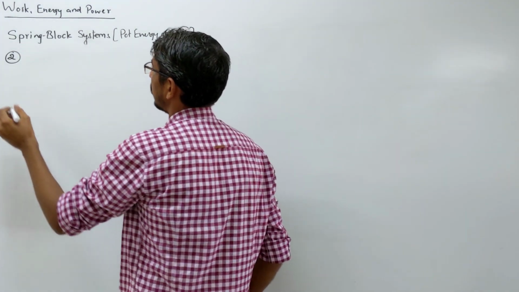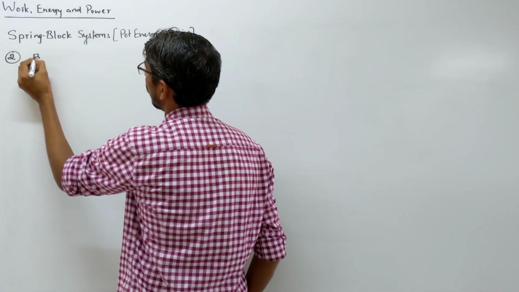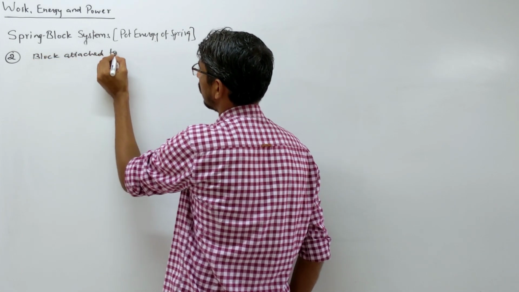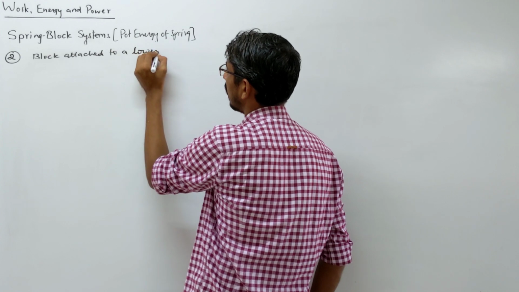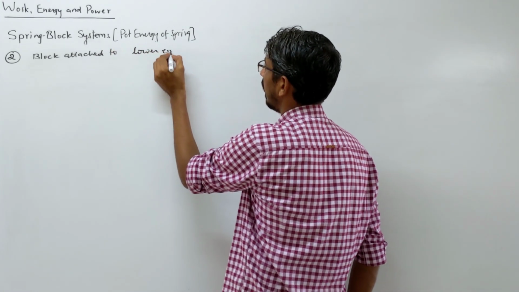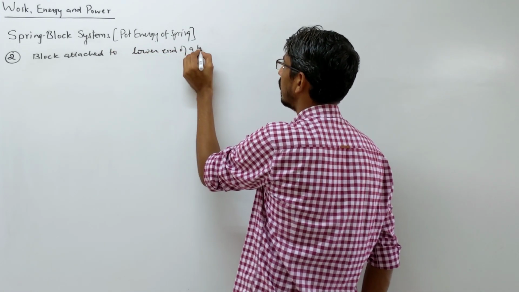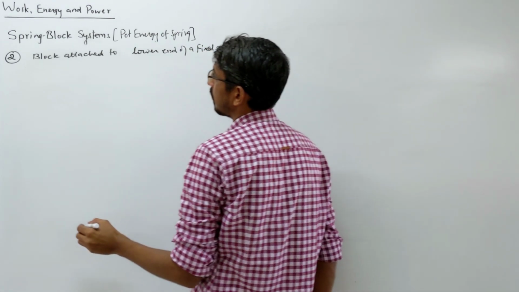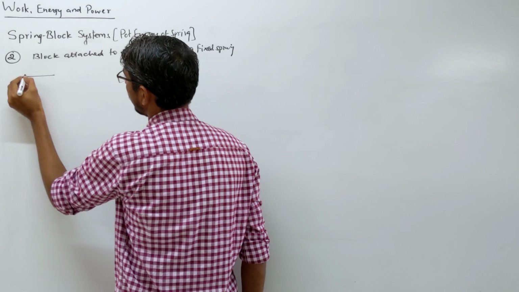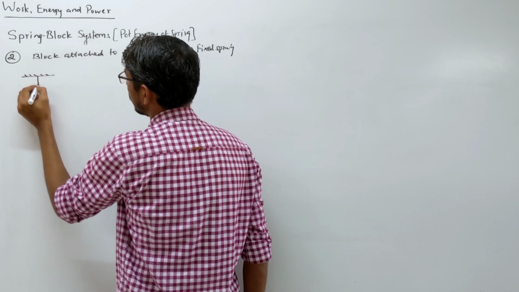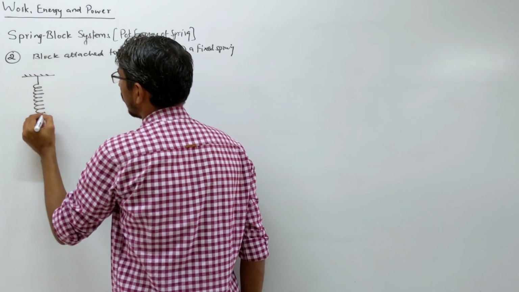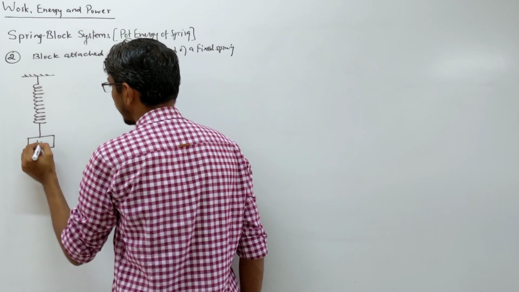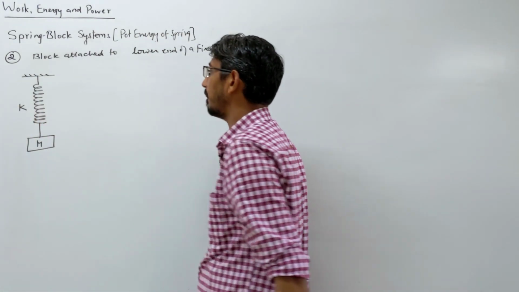So second, we talk about, suppose, a block attached to the lower end of a fixed spring. This type of question: suppose there is a spring here, and what we did, we hang a block here of mass m, this is the spring of spring constant k, correct?